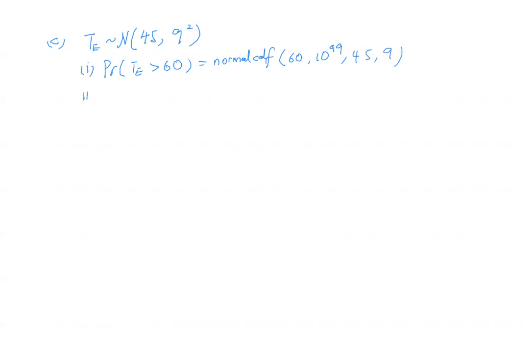Part 2, probability. You read and get between 40 and 50. Also use normal CDF, 40, 50, 45, and 9.